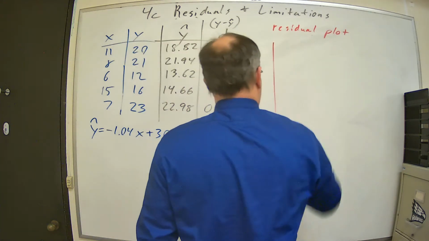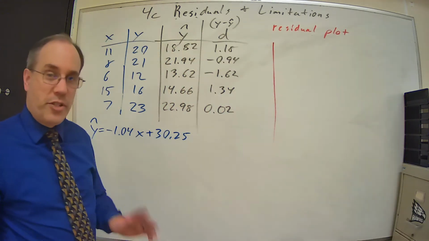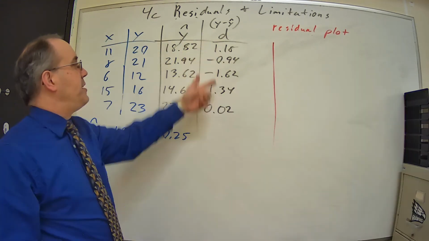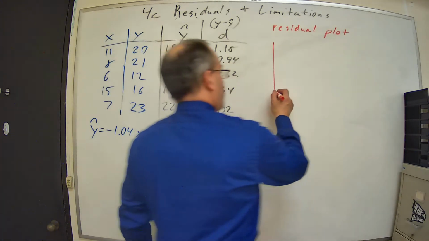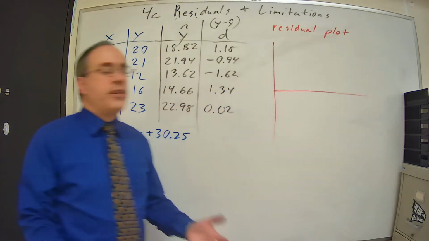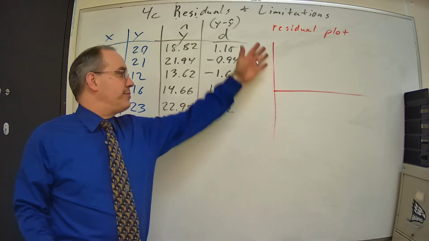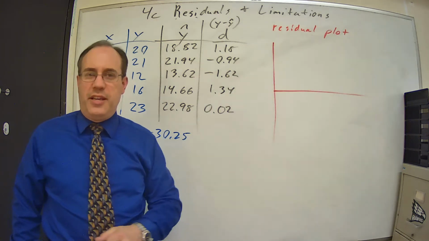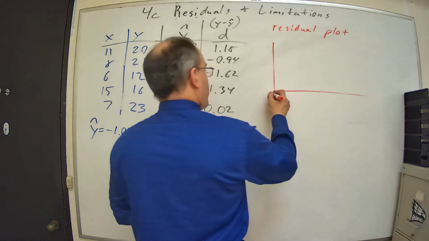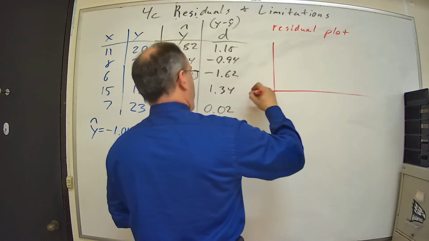So we're going to create our scatter plot. We're going to have a y-axis. Now what changes with this is, notice that d can be positive or negative. So basically our residual plot is going to be a scatter plot that kind of is a sideways T, where here we have 0, and we're going to say here are our residuals.